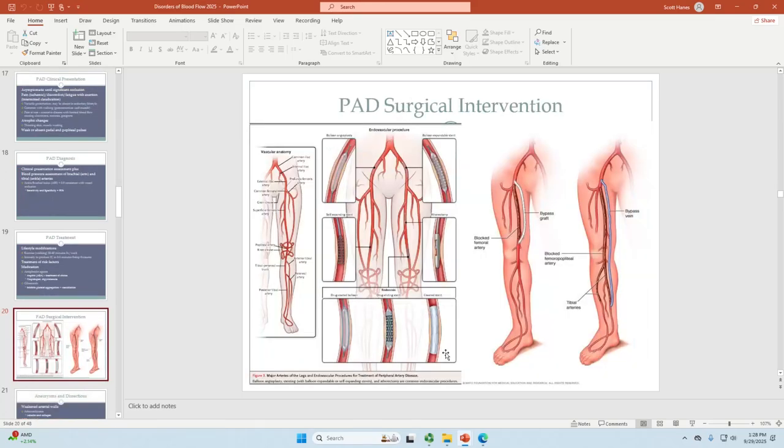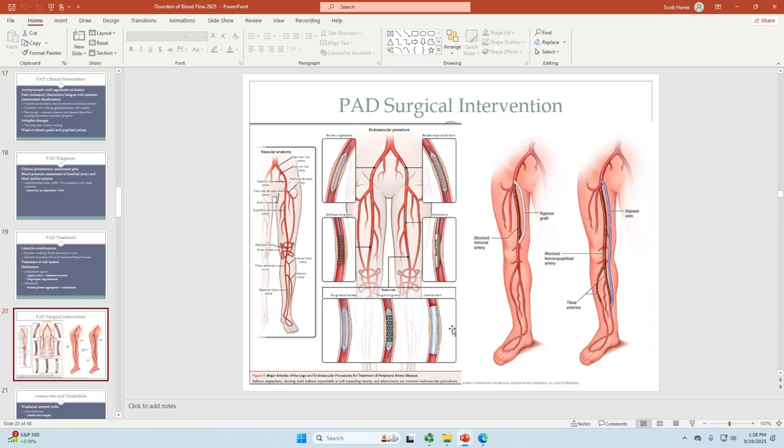Some patients may have surgical intervention, which is actually fairly common, so you should be familiar with what that is. For example, this is where we have an endovascular procedure where they're putting a stent in, and you can see the stent, in this case, being presented into the area of obstruction. They blow it up with a balloon, and then they put the stent in there, and that stent just keeps it open, right?